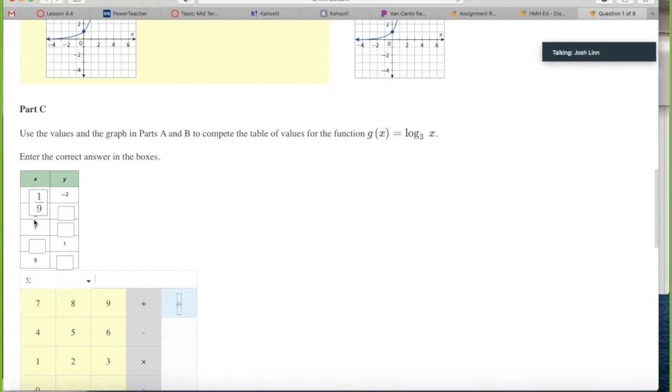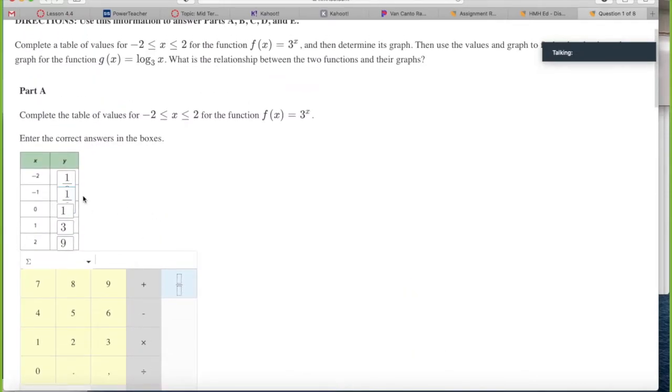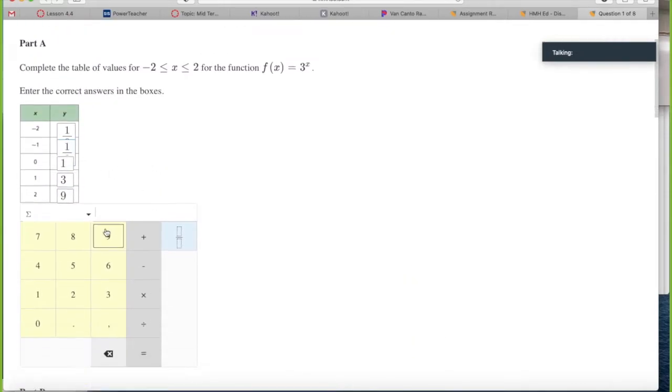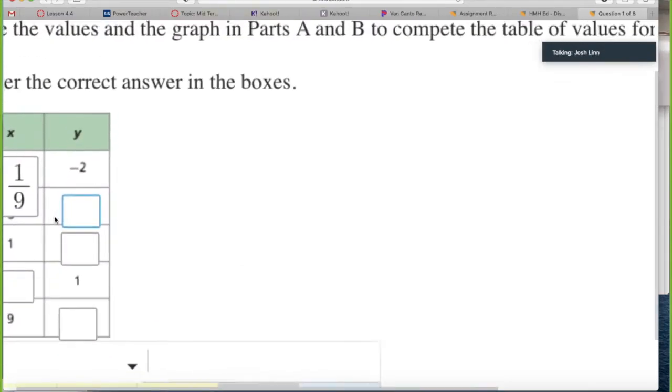It's hard to see, but I'm pretty sure that's going to be a 0. I don't know. Let's check up here. Gosh, these boxes are hard to see. Maybe if I zoom in. Nope.